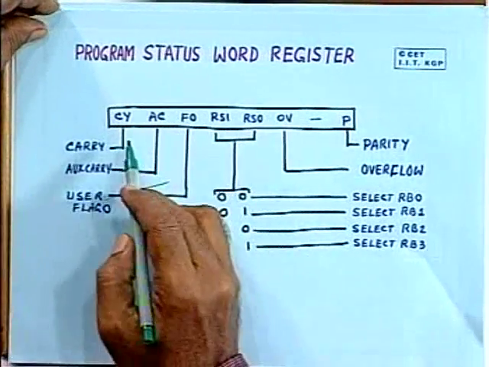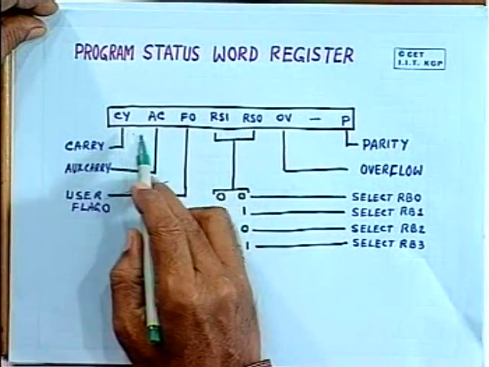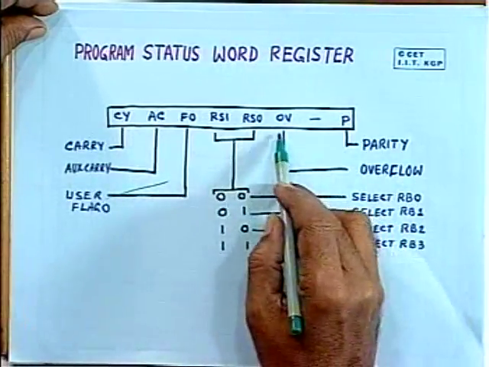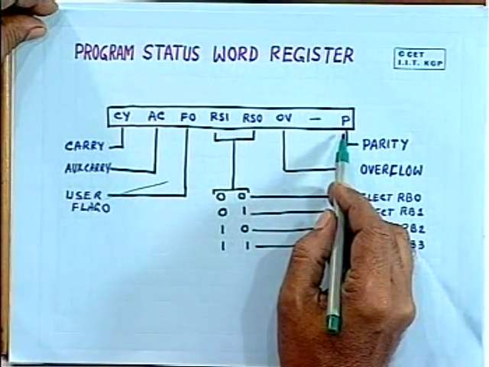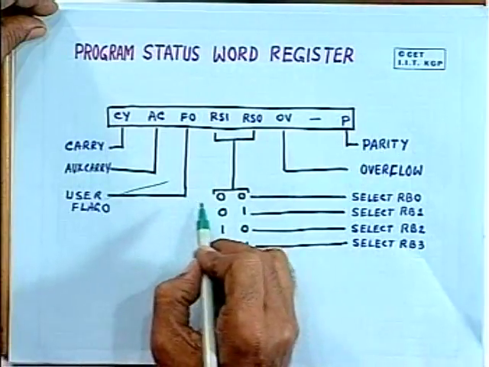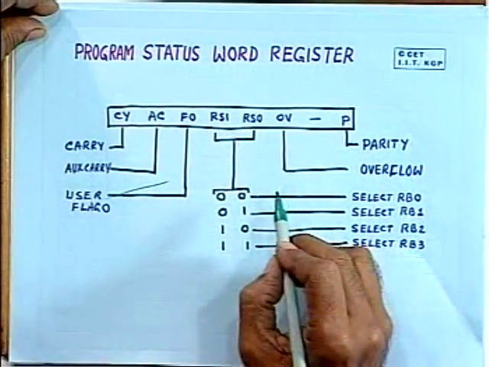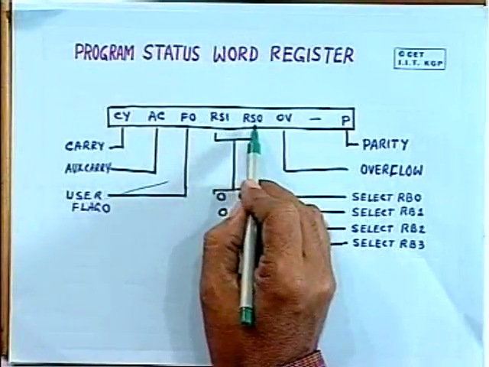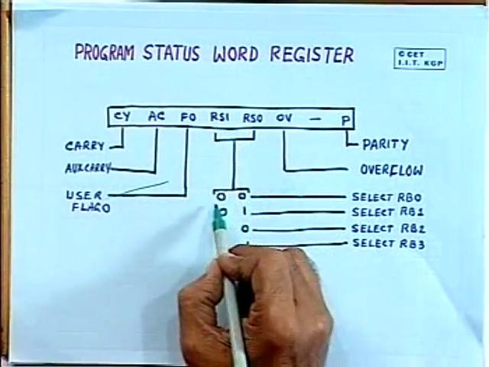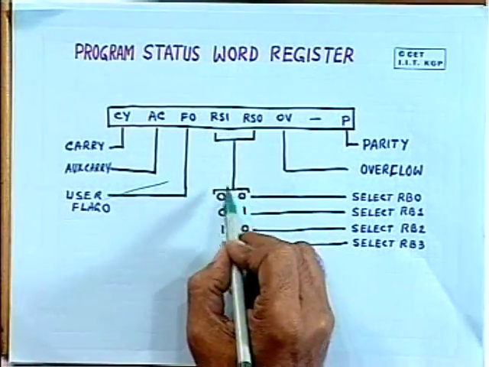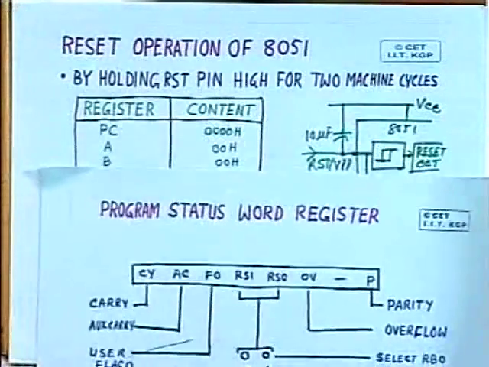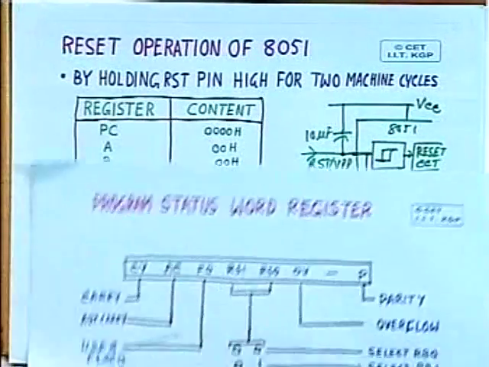It has got several flag bits like carry, auxiliary carry, then overflow and parity. And this particular RS0 and RS1, as I was telling, you can select one of the register banks at a time. That will depend on the value of these 2 bits of the program status word. Initially, you are making them 00 whenever you are resetting it.